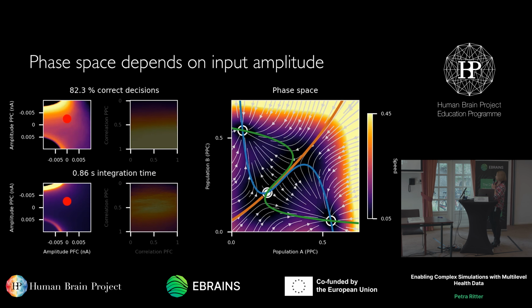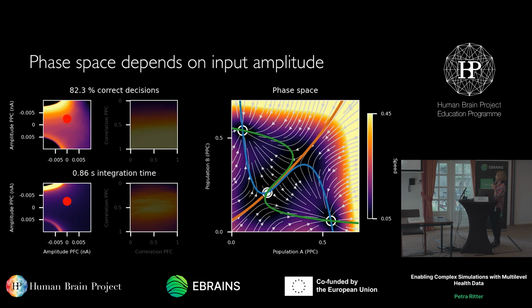You see the activity of population B and population A. And you see the nullclines, you see the separatrix, and you see two attractor fixed points and a saddle node point. And here you see now we move through the diagram and increase, or in this case decrease, the amplitude of activity that goes into the parietal cortex. And this reconfigures the phase space, as you can see here.